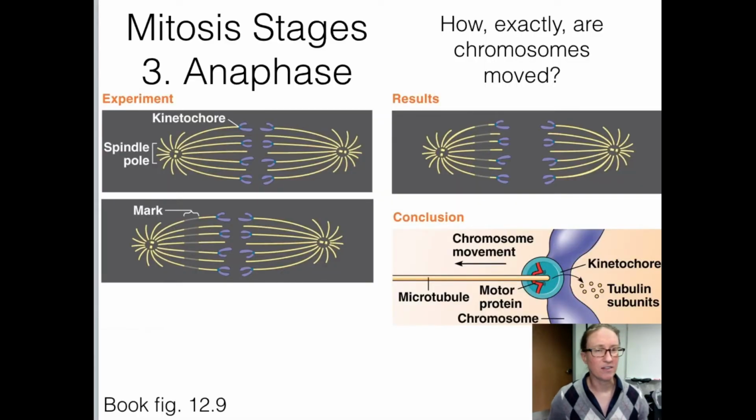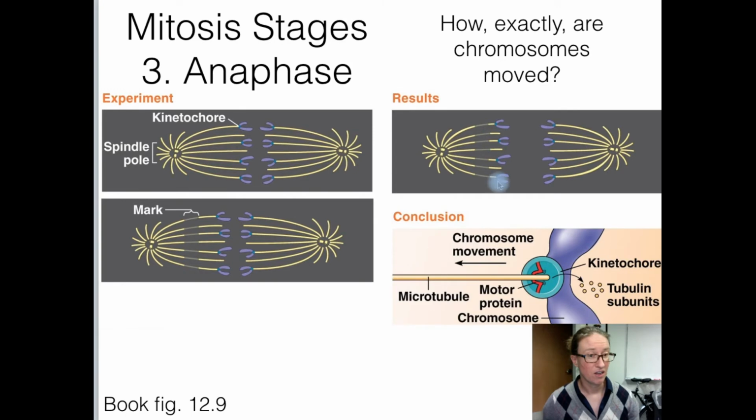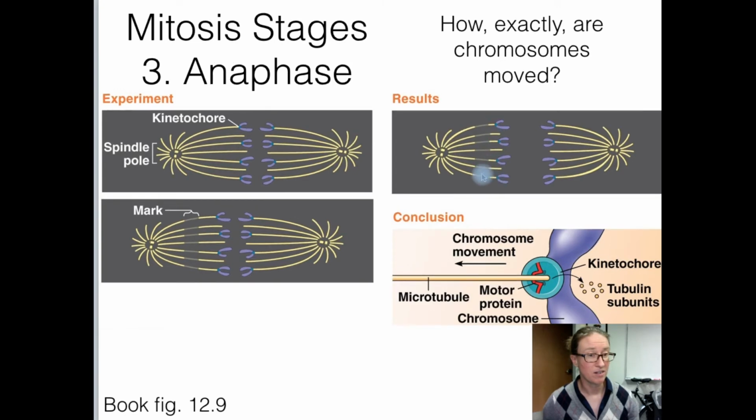Rephrasing that, they wanted to know how chromosomes move. So here is the experiment that scientists have done. They put a mark on those kinetochore microtubules and followed along, and hopefully you can see from the results here which of those hypotheses wound up being supported.